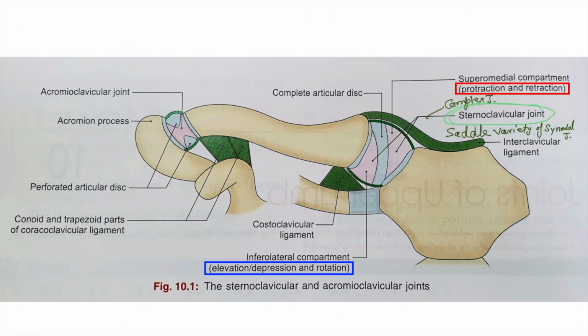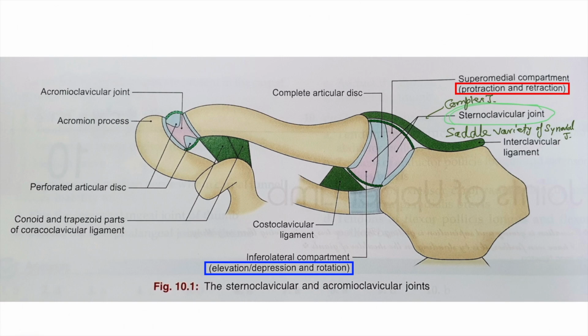And have you heard of elevating and depressing the shoulder joint? So remember, elevation and depression will happen in a compartment which is on the lateral side. Forward and backward movement, that's protraction and retraction, will happen in the medial compartment. This way, I believe you can remember.